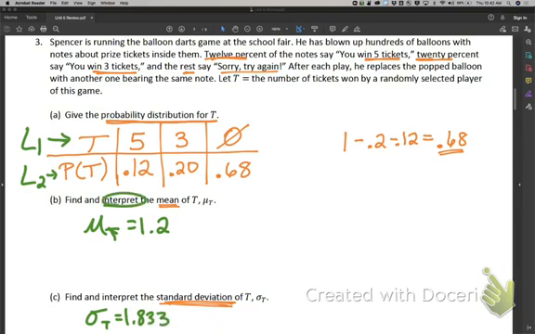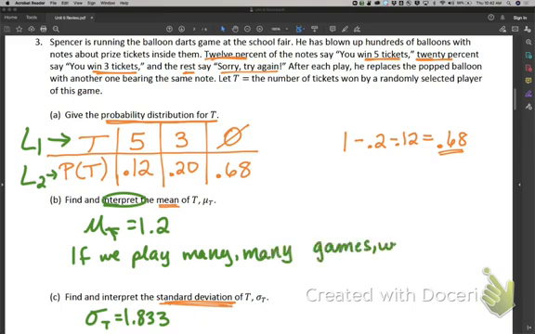Now we do get to interpret. So if we play many games, we will win 1.2 tickets on average.